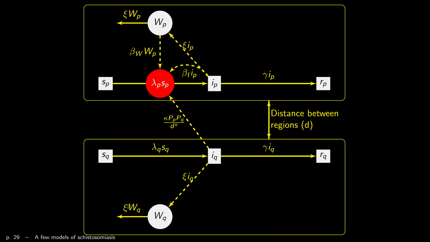Okay, so the pathogens cannot survive indefinitely in the water, but it is through the water that the individuals are infected. So this lambda Q here, I mean, it could involve transmission human to human, but typically this is absent. So you could imagine that most of the transmission, if not all of the transmission, is coming along this path here. Okay, so I have my water contamination and it acts on the susceptible population.